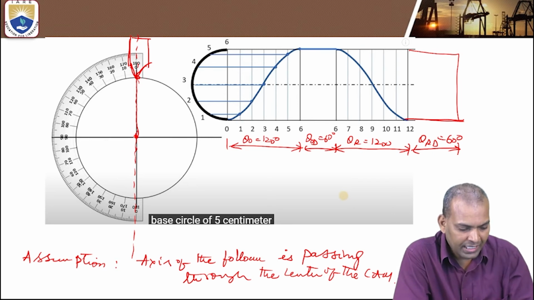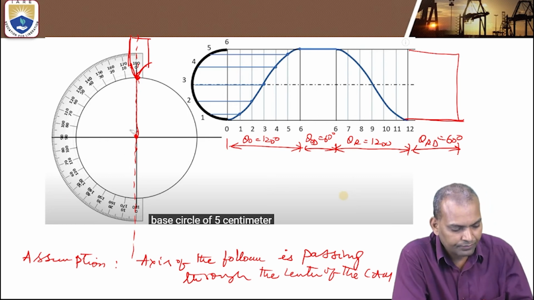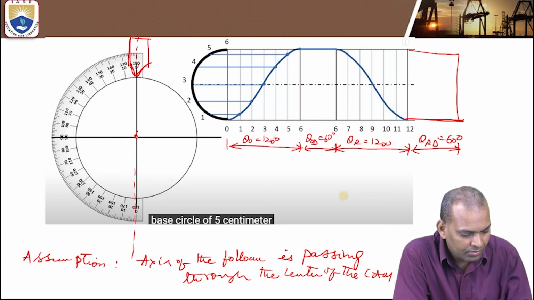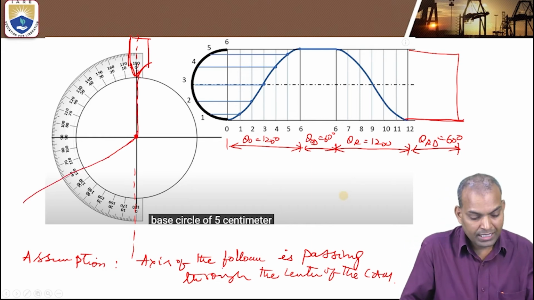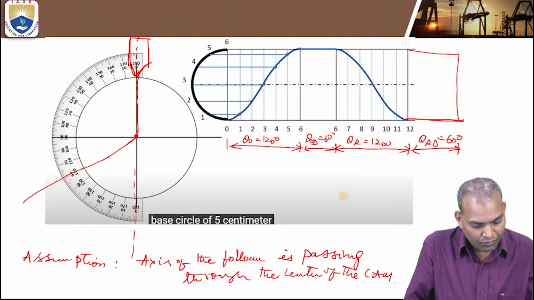Now divide this again. This is a starting point. Outward stroke, how much? 120 degrees. Now divide this line: 120 degrees. Next, what is the next line? That is 60. 120 plus 60 is 180.